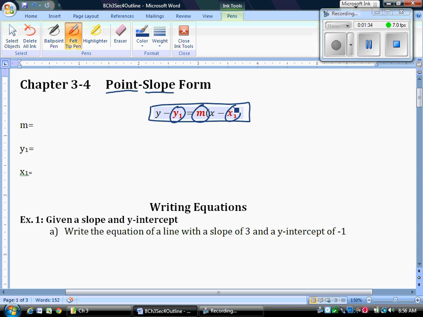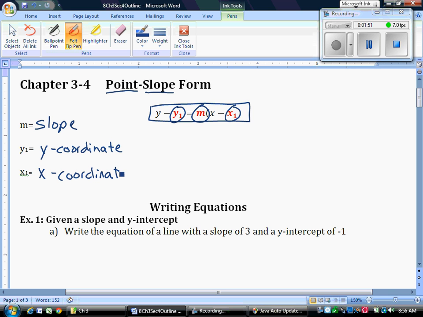Your m, as always, is your slope. Your y1 is the y coordinate, and x sub 1 is the x coordinate. Remember, we need a point and a slope, so these come from the point you're given.